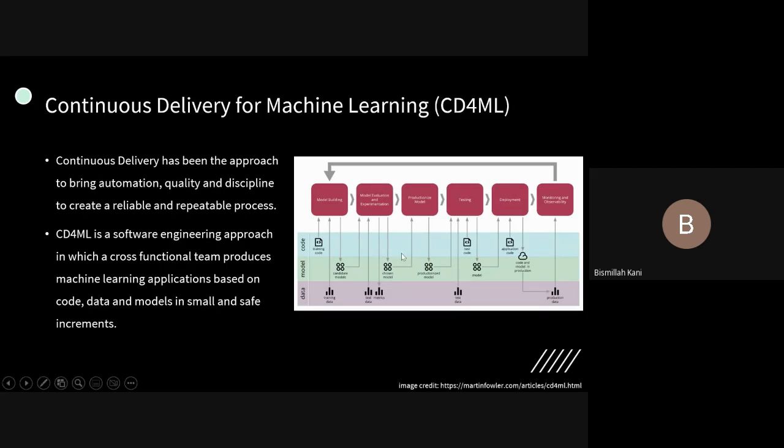As I mentioned, there are six main building blocks in this continuous delivery for machine learning. The first one is model building. In model building, it is very critical to have an automated and reproducible machine learning pipeline so that data scientists can collaborate on the same code base rather than having a carbon copy of the same code by different data scientists, right?